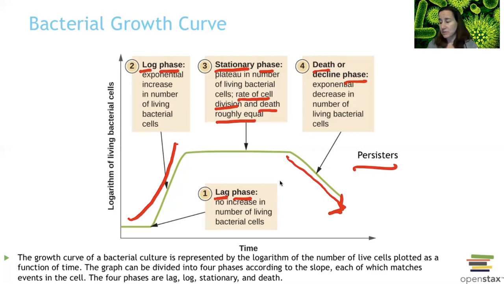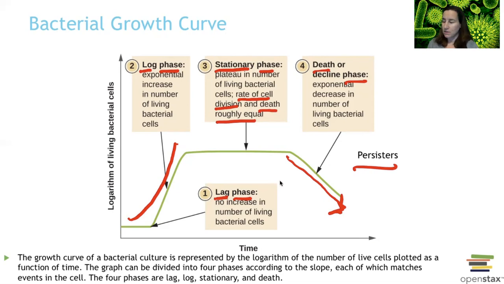So these persisters lead to chronic infections. You start to feel better, the bacteria you think is gone, and then later, these persisters that were lurking come back out, and now you've got another flare up of this infection going on. So persisters are hanging out in this death phase, not dying.